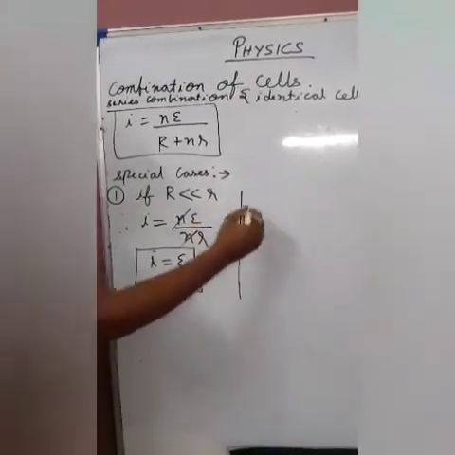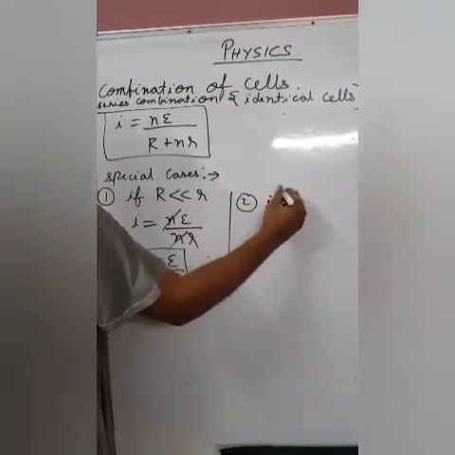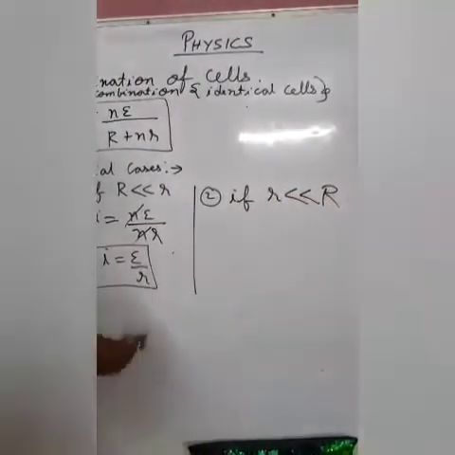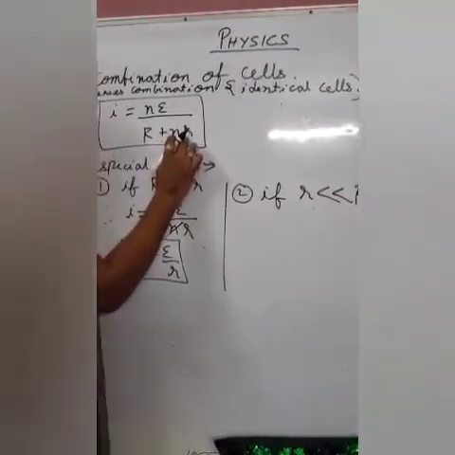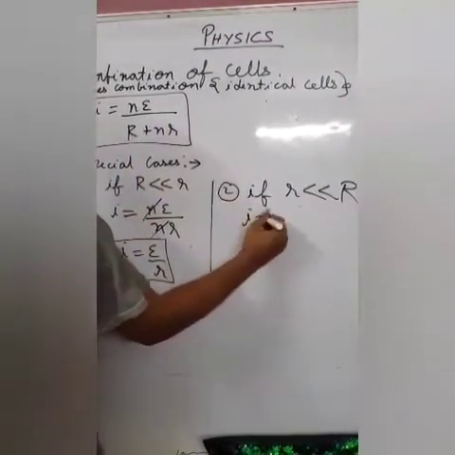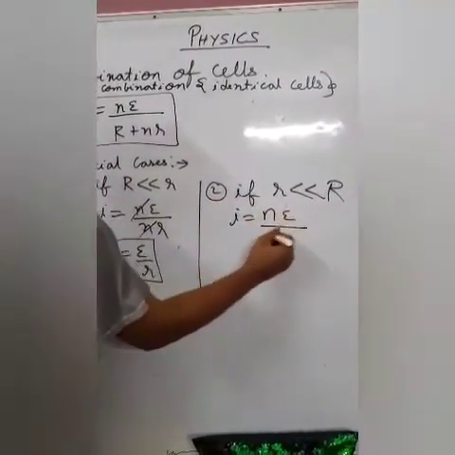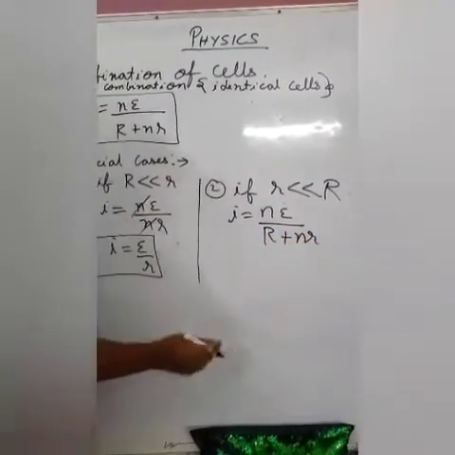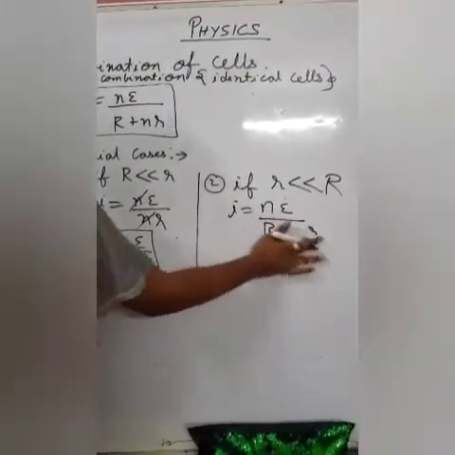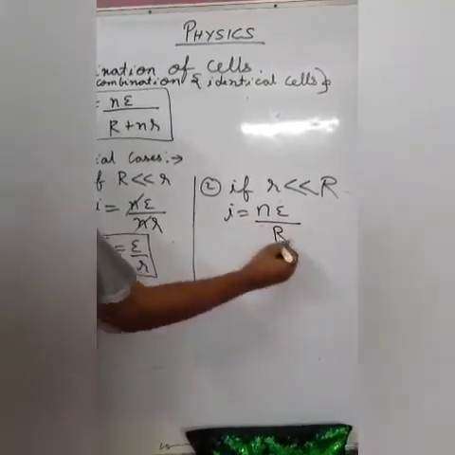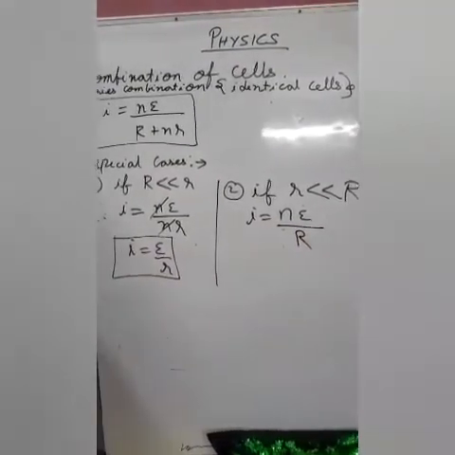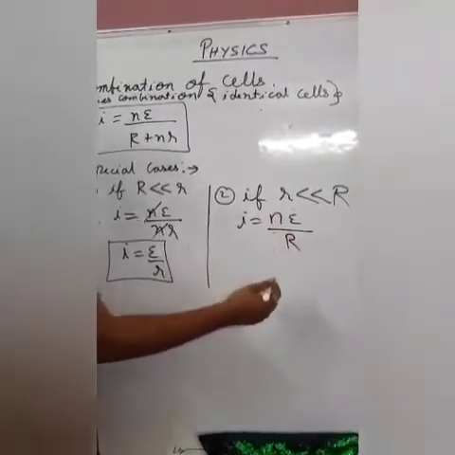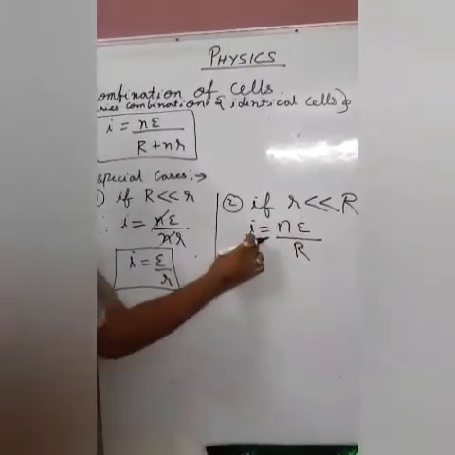Now let us discuss the second case, that is if small r is very much less than capital R, then we will be able to neglect the small r. So I would be equal to nE upon R plus nr, but we have neglected the small r, so it would become nE by external resistance capital R. Now since we have got n over here, as we increase the number of cells in the combination, the current would increase.